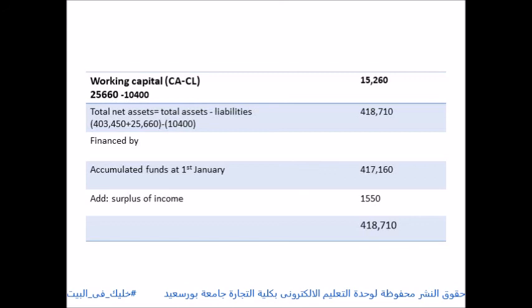So the total net assets equals 418,710. Then the accumulated fund at 1st of January, it's mentioned in the trial balance, it's given, 417,160, plus the surplus of income, which we have calculated before, 1,550. So the total of sources of finance will be 418,710. So there is a balance.